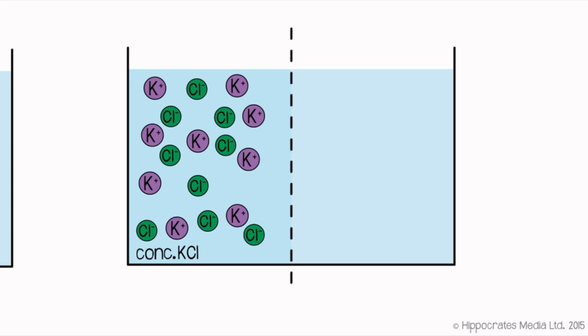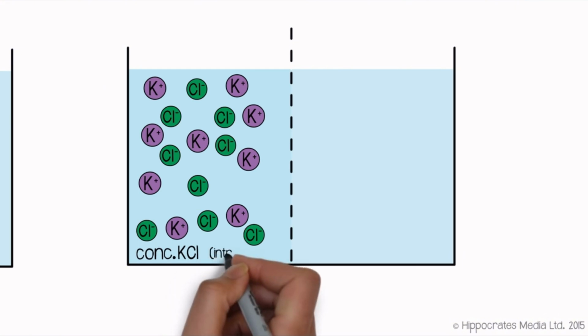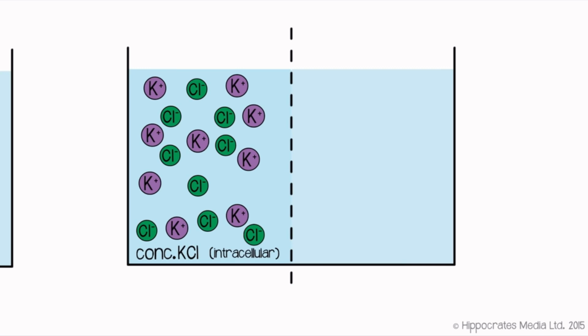Now, this is a relatively concentrated potassium chloride solution, and I'm going to say that this side of our little experimental cell, this is like the inside of a real cell, because the inside of a real cell has relatively concentrated potassium within it. Now, the right-hand side of our little experimental cell is going to have a dilute potassium chloride solution, 10 millimoles per litre, we'll say, and also, to begin with, that has an equal number of positives and negatives, and so there's no charge imbalance.